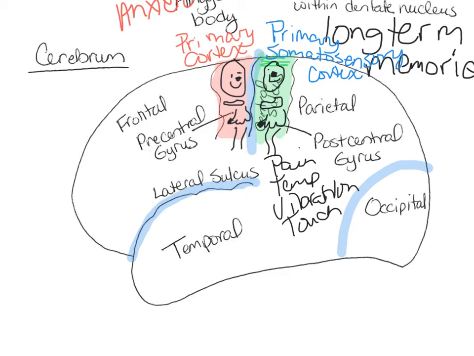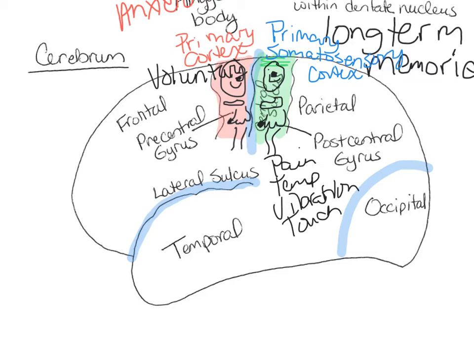Okay? And the primary motor cortex over here is only for voluntary muscle control. So when you voluntarily lift your arm, it's coming from that area. It's voluntary muscle.